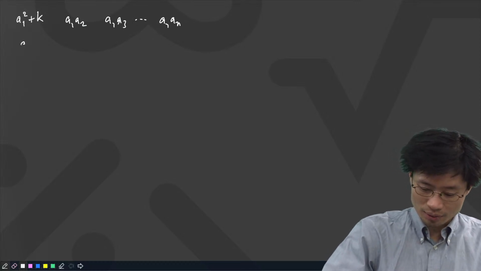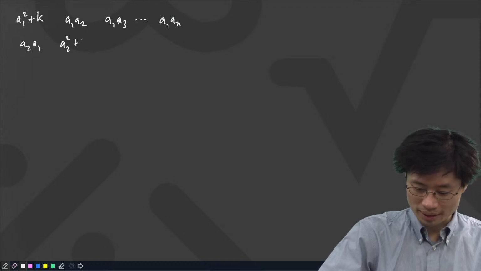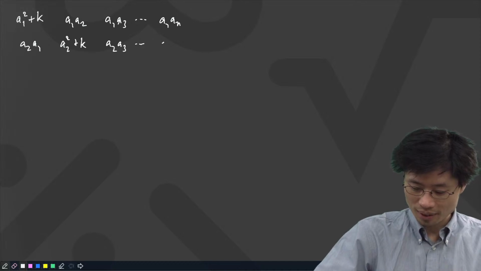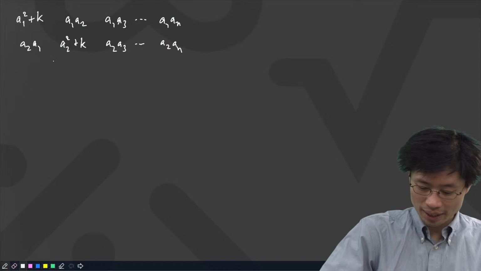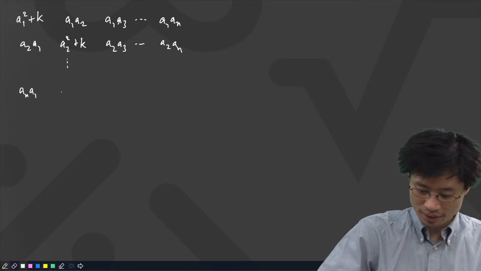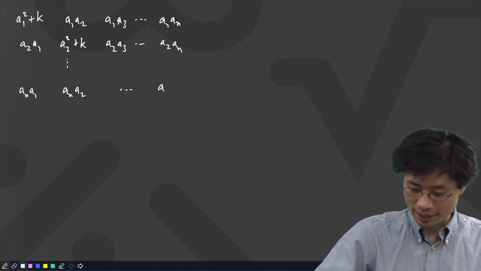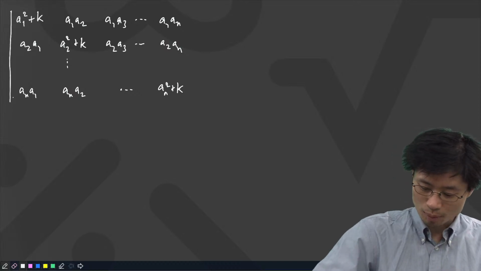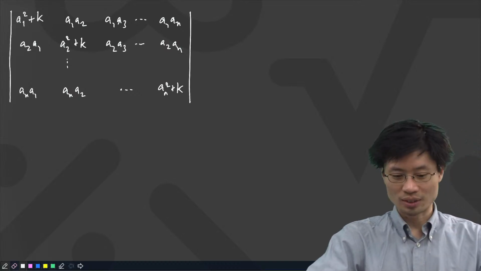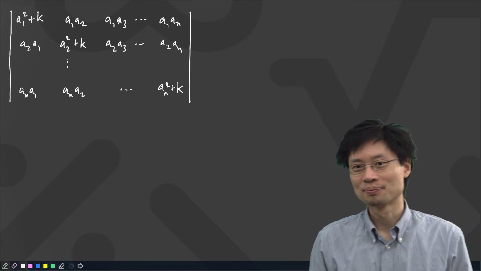And then the next row will be a2 a1, a2 squared plus k, a2 a3, up to a2 an. And it keeps going. And the last row will be an a1, an a2, all the way to an squared plus k. And we want to know something about the determinant of this. So those are the two vertical bars I'll write.